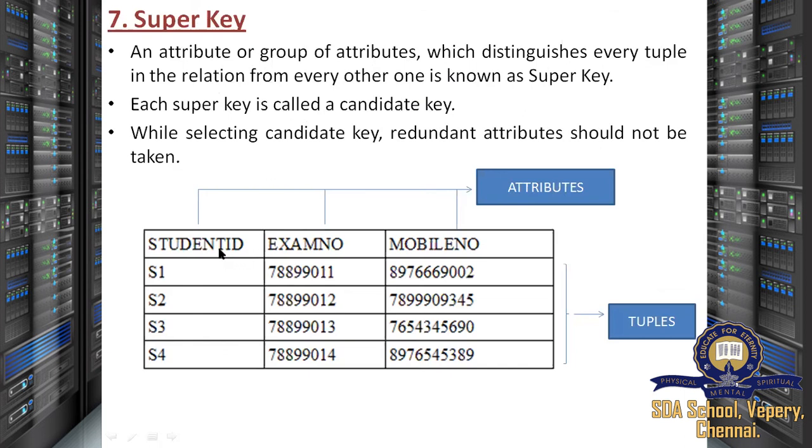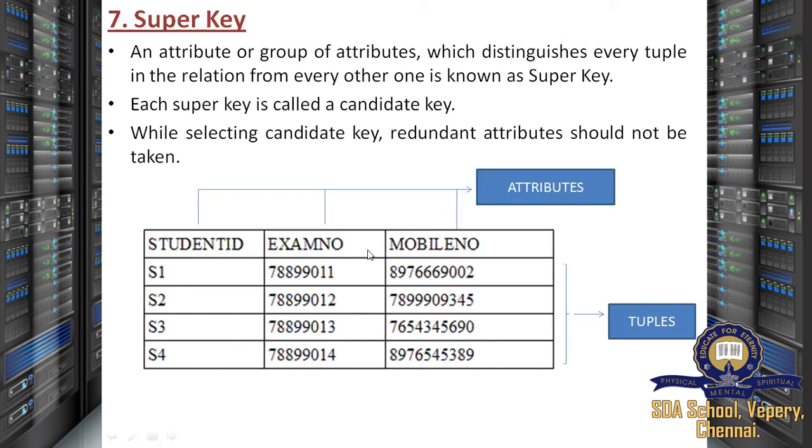Here, look at this table. We have 3 attributes: student ID, exam number, mobile number. Can we say all these 3 attributes are identical? Repetition is not done. No student can have the same ID. Exam number cannot be repeated. Mobile number cannot be repeated.